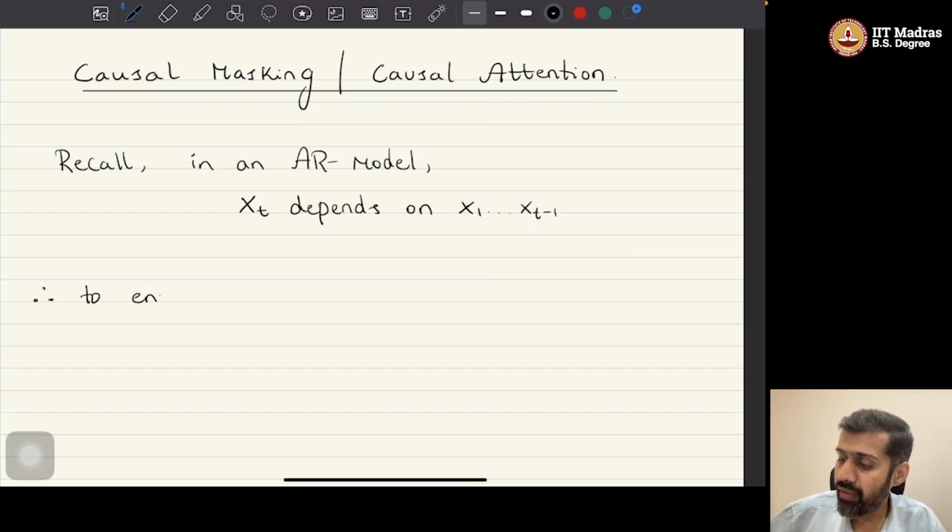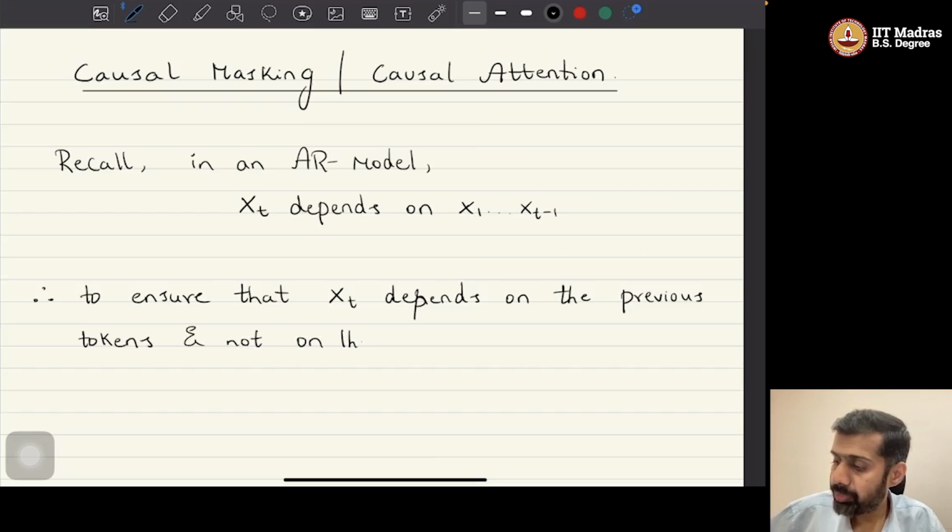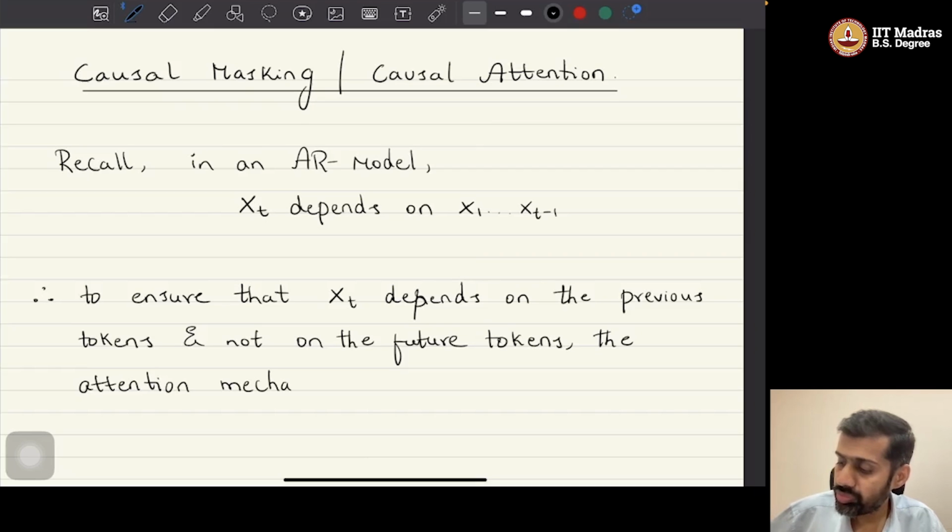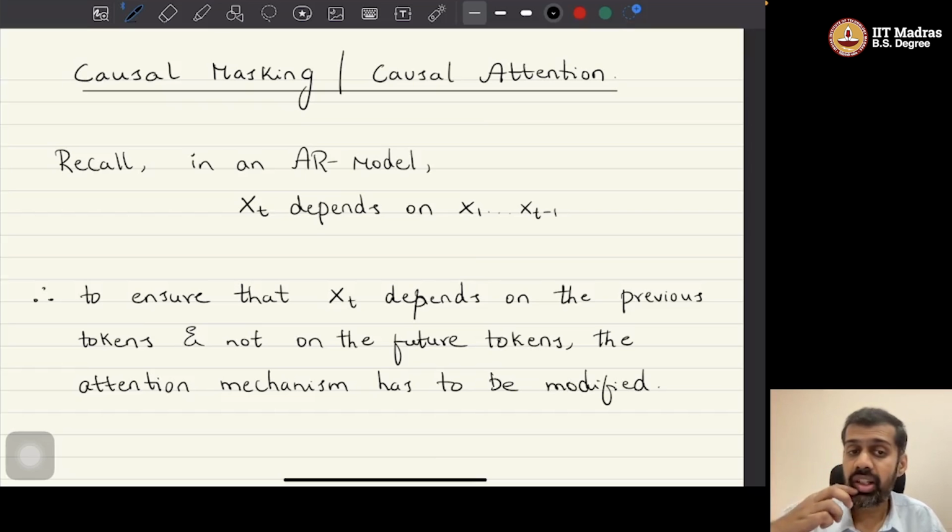To ensure that xt depends only on the previous tokens and not on the future tokens, the attention mechanism has to be modified, to ensure that the model that we are building is truly autoregressive.